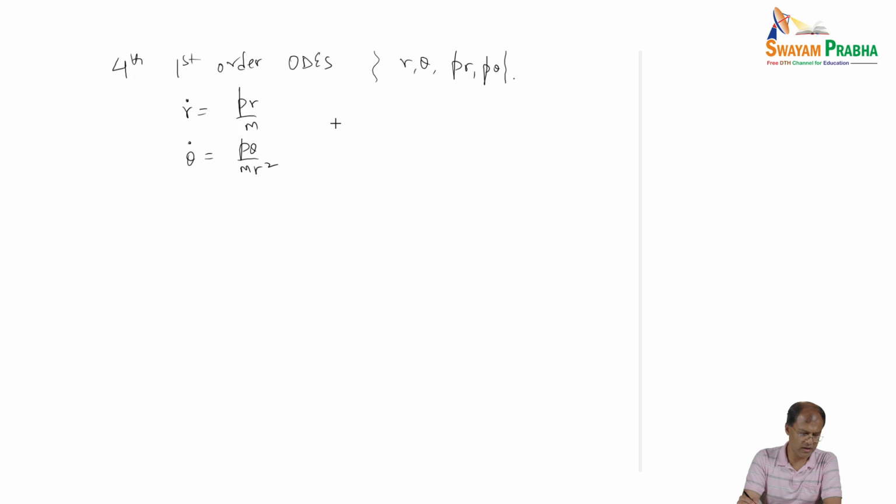So these are the new variables, and P_R dot is of course partial L partial r. So that is the other form of the conjugate momenta equation. If we differentiate, we will get that this is equal to p theta square by m r cube minus m capital M g by r square, and p theta dot is equal to 0.